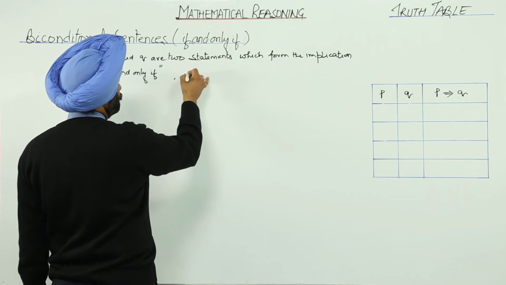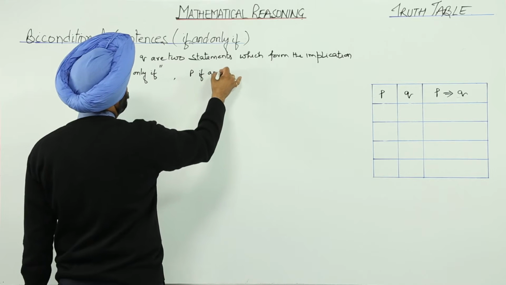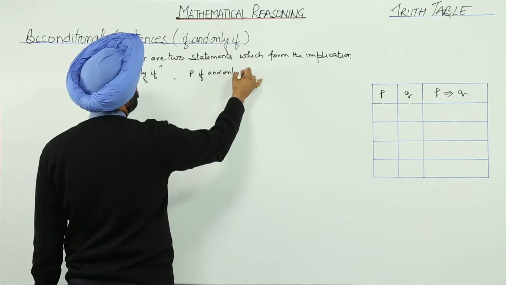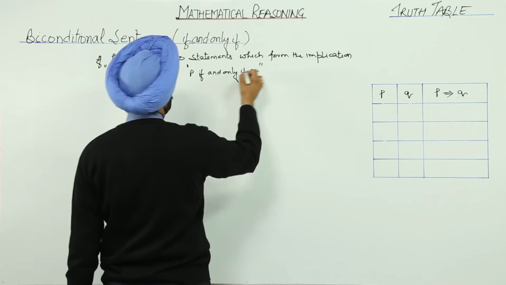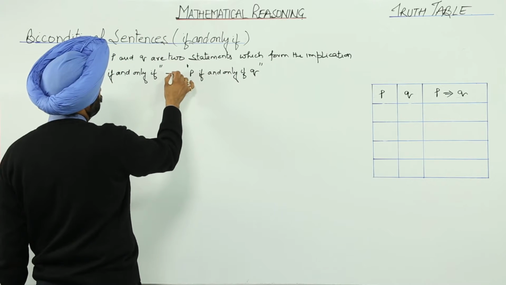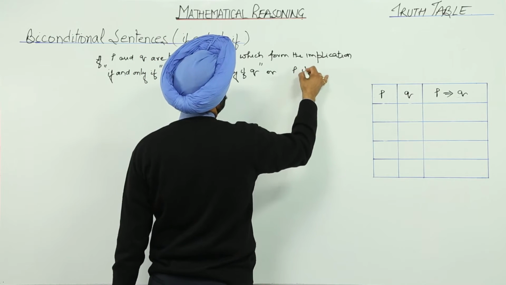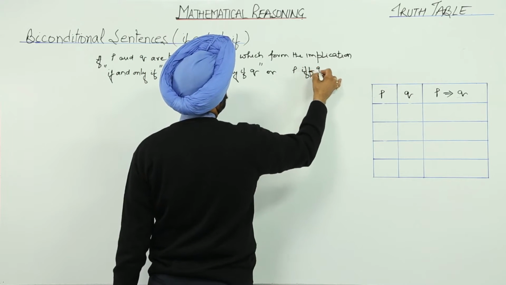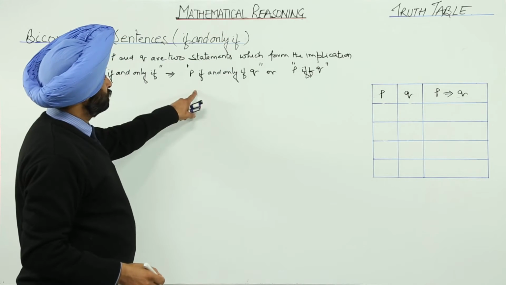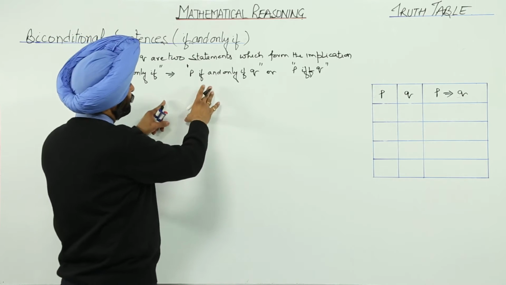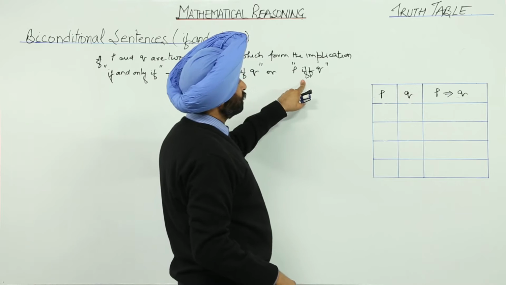Now how can we write it? P if and only if Q, or P iff Q, one and the same thing. So P if and only if Q, P if and only if Q.